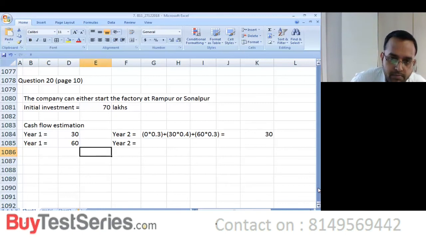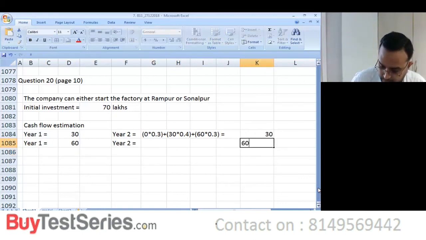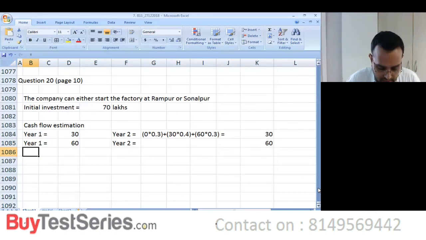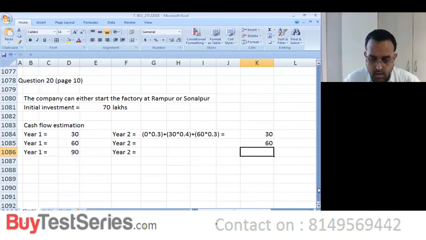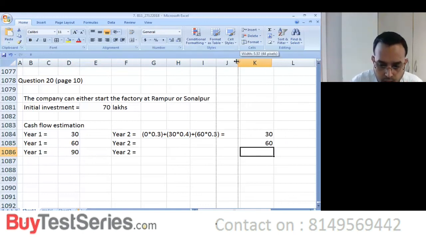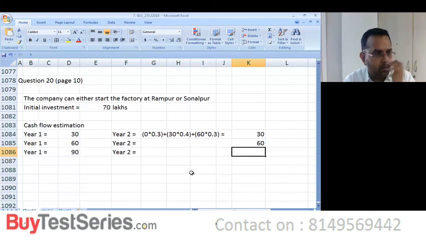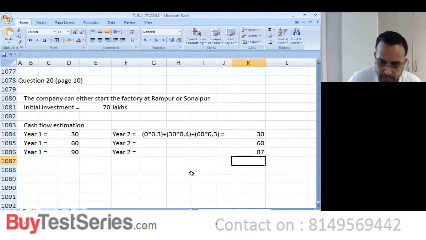How much you get? Sorry, 60. Third case, if year 1 cash flow is 90, then year 2 cash flow is 87.